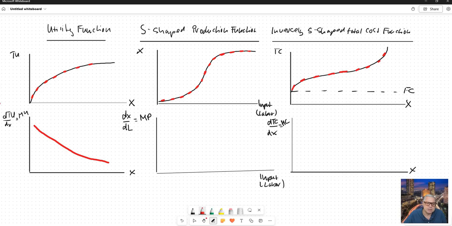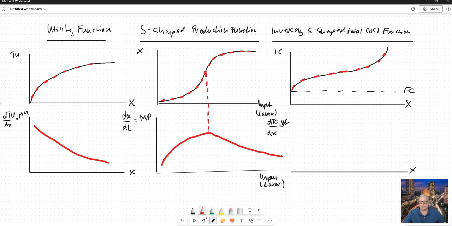So that means that the marginal product function has some kind of a maximum, maybe here, and it looks like an inversely U-shaped curve. So here's the maximum, and then it maybe goes down again. So that would be the marginal product. And you see, we just look at the slope at every point.